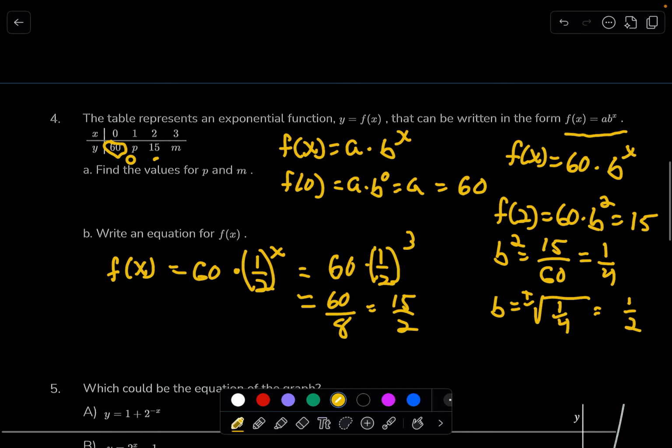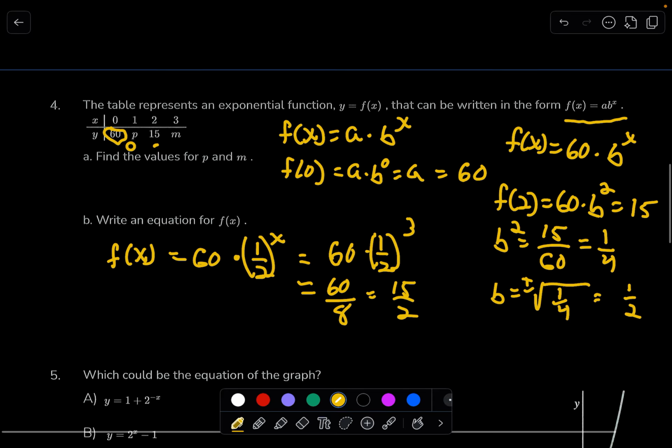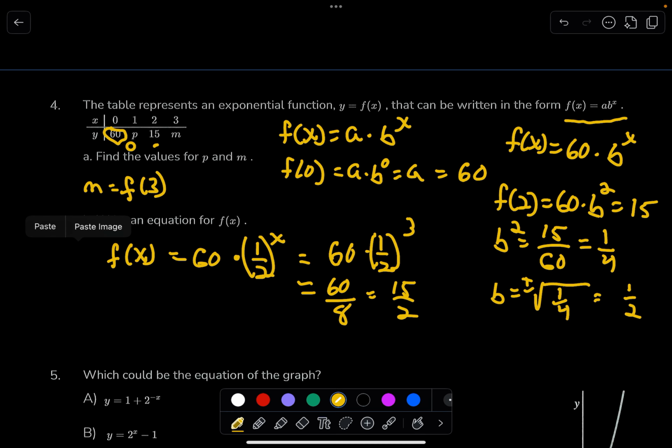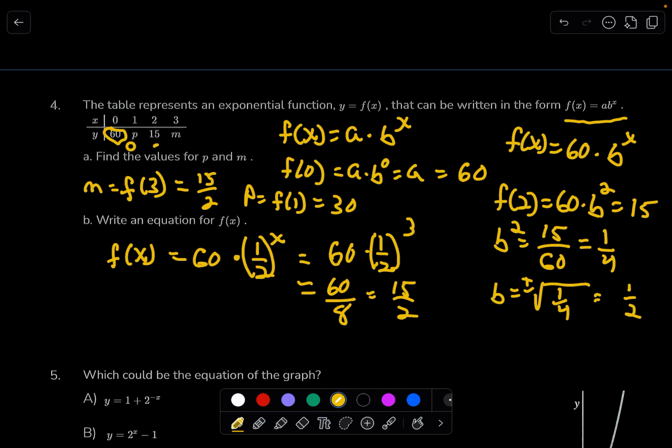You can leave it as 15 halves, but m would equal f of 3, which is 15 halves, or 7.5, and p, which equals f of 1, is equal to 30, because it's 60 times 1/2 to the first power. So we got p and we got m.